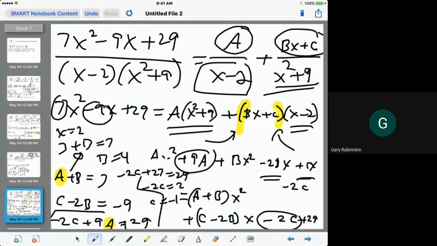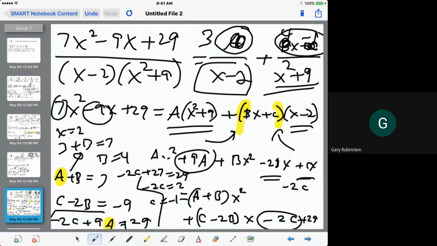So A ended up becoming 3, B ended up becoming 4, so it's 4x, and C ended up becoming negative 1. So the partial fraction decomposition is 3 over x minus 2 plus 4x minus 1 over x squared plus 9.